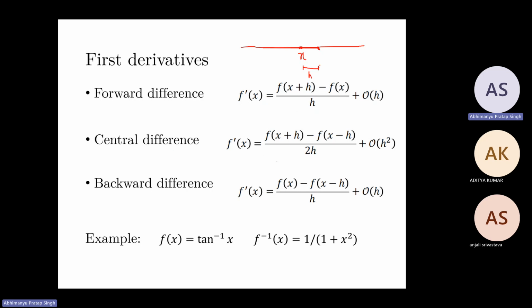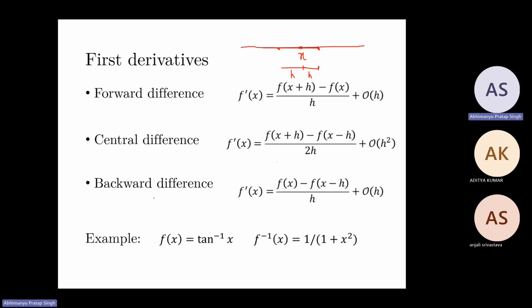Whereas in central difference, I take 2 points, one at a distance h in front of x and one at a distance h to the rear of x. I take the function values f(x plus h) and f(x minus h), and since the distance between these 2 points is now 2h, I divide by 2h. This is my central difference formula. The order of approximation of this is h square, so it's much more accurate as compared to forward difference.